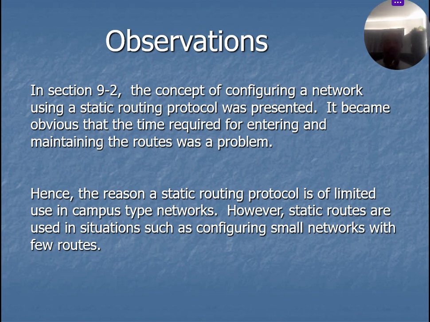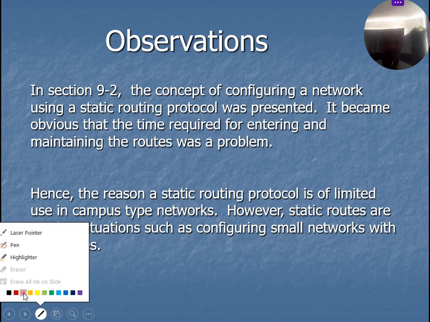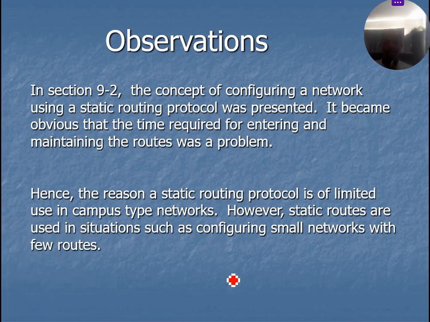So the manual maintenance and entry of this information into the routing table was a problem in the case of static route. Hence, the static route is of limited use in most of the big campuses, especially the big ones.